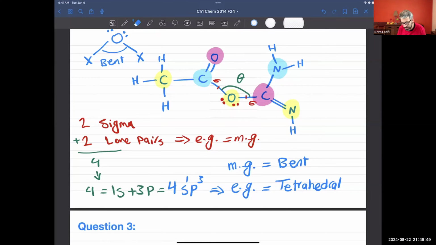That theta will go down from 109 by 4 degrees. Why 4 degrees? Because we have a lone pair. We have 2 lone pairs, actually. So from 109.5, we're going to subtract 4 degrees. So it's going to be around 105.